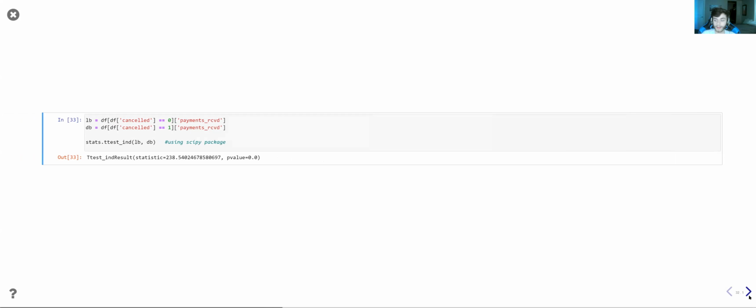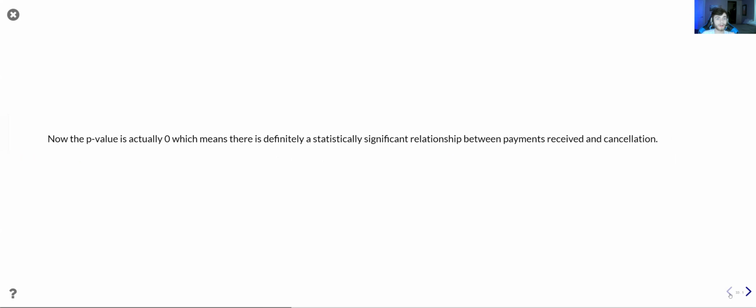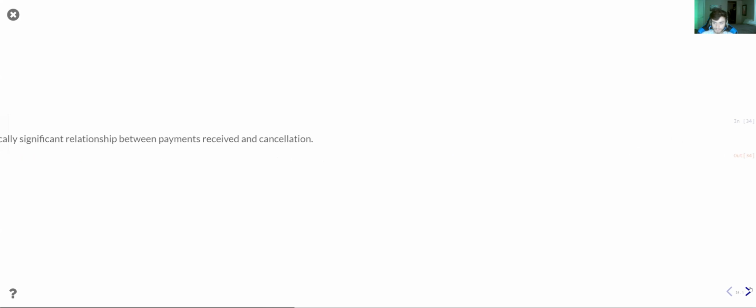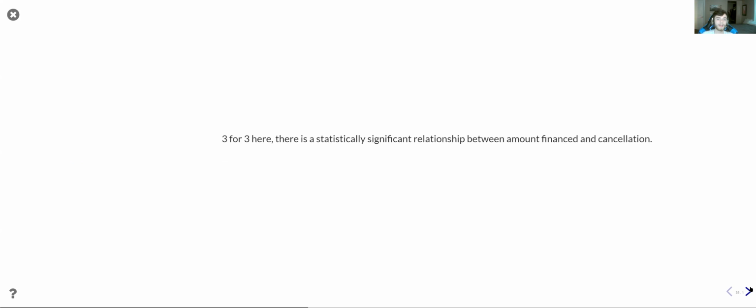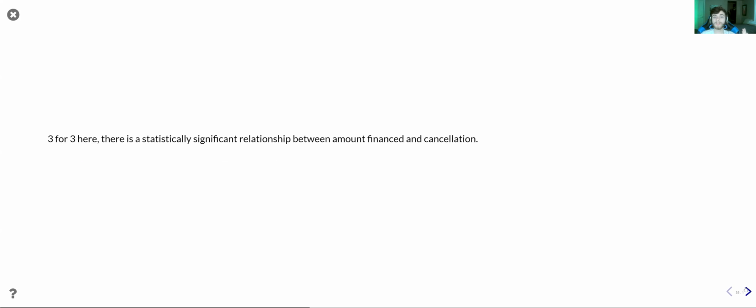So there is definitely a statistically significant relationship between the payments received and the likelihood of cancellation. Lastly, for amount financed and the cancellations, we're looking at 2 times 10 to the negative 17th. So we're seeing, again, 3 for 3 here, statistically significant relationships between amount financed and cancellations.